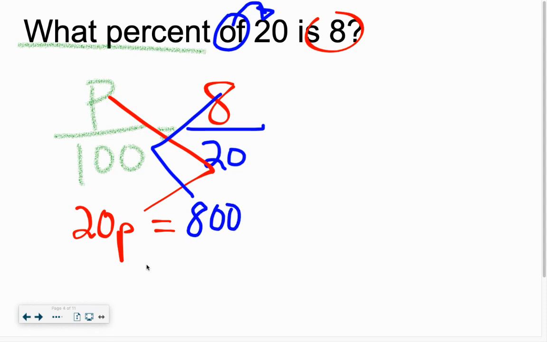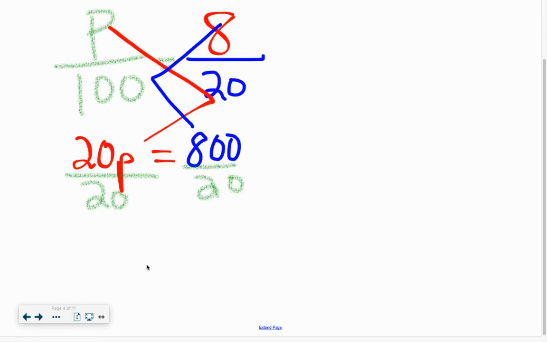So now you just write down that 8 times 100 is 800, and then from there, go ahead and divide on out by 20, because we're solving for that letter P, which then means P equals 40. Now again, divide that out into your calculator.